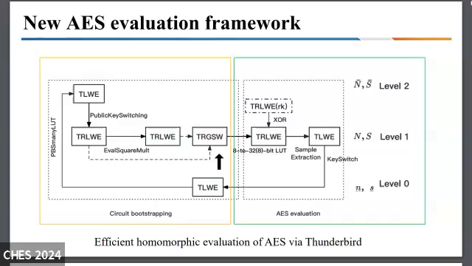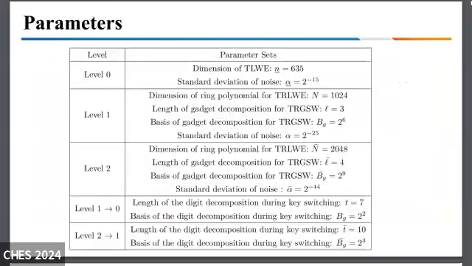Every step is very fast, but we need circuit bootstrapping to convert the ciphertext type, shown in the orange box. The circuit bootstrapping is the bottleneck in our AES evaluation framework.